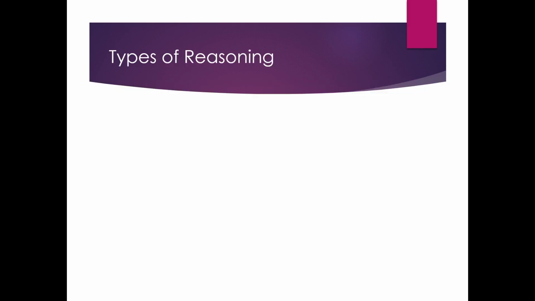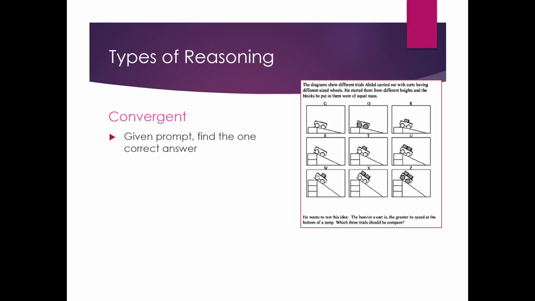How about different types of reasoning? A lot of times, the things that we teach kids in school demand a type of reasoning called convergent reasoning. In this type of thinking, the learner or the person who's trying to solve a problem is given a prompt, and then they're supposed to find the one correct answer. So for example, on a kid's test, they are shown these little diagrams, and it says these diagrams show different trials that Abdul carried out with carts having different sized wheels.